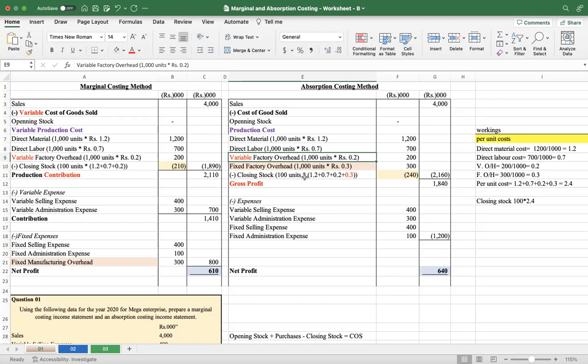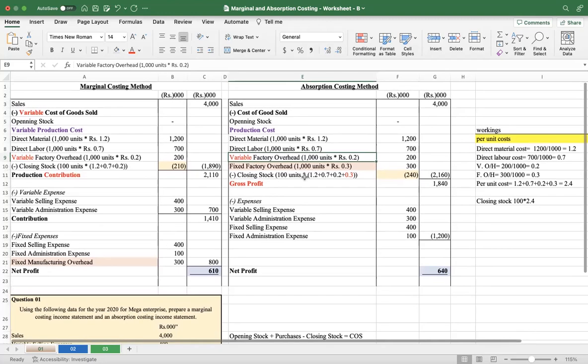Therefore, this difference exists. Right? I hope you all copied the answers down now and you all have a proper idea about these two methods. Okay, shall we move on to our second question?